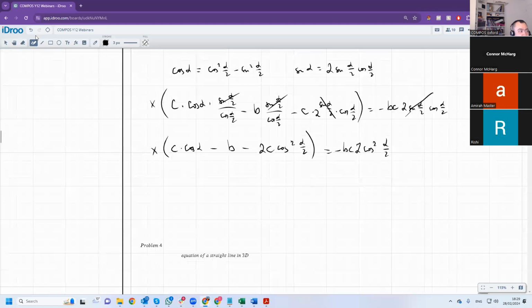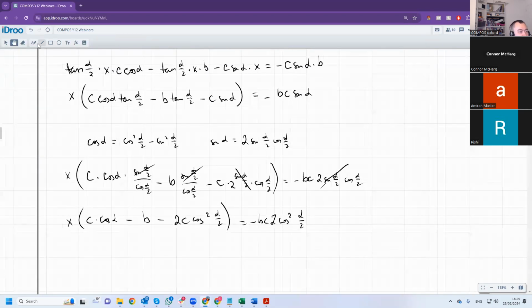And cos squared alpha over 2 can be written as 1/2 multiplied by 1 plus cos alpha, if I'm not mistaken.